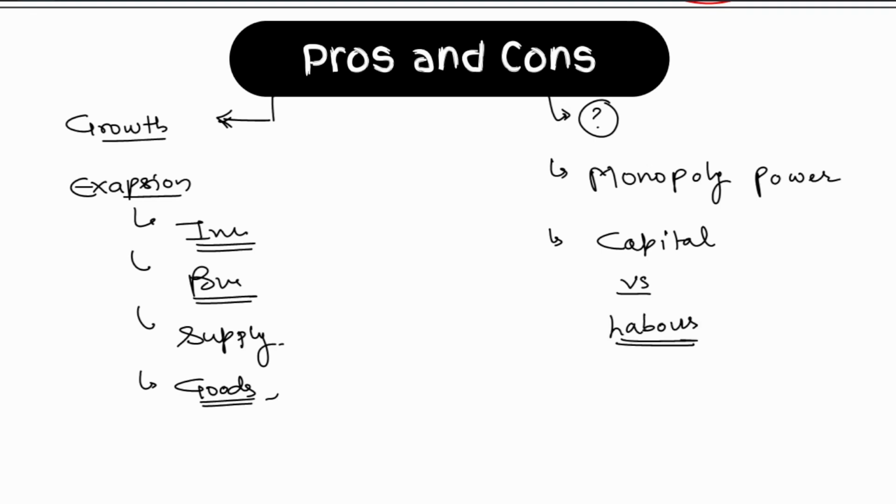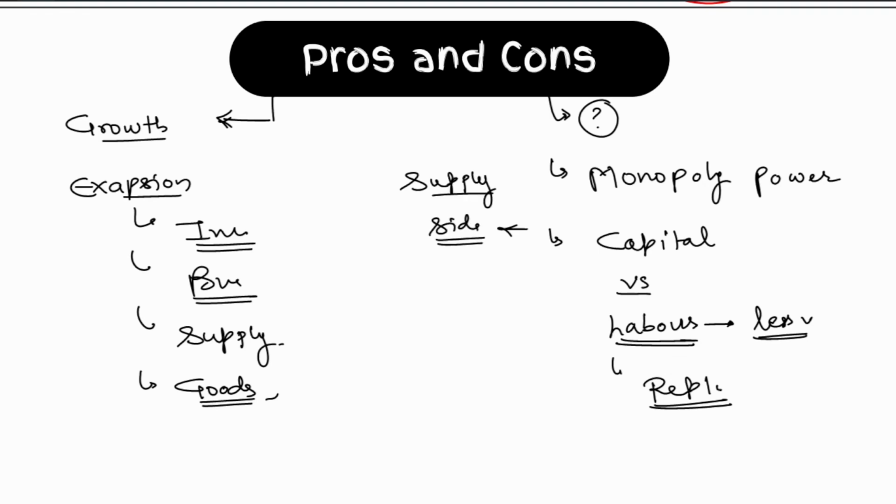Basically, labor holds less value and becomes replaceable. And the supply side, the people who are producing the goods, can alter or affect the market.